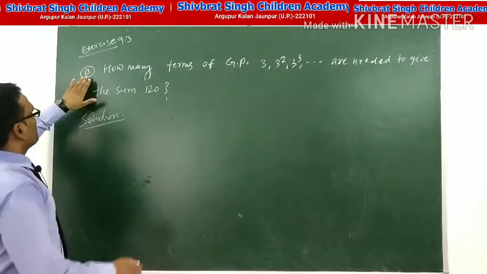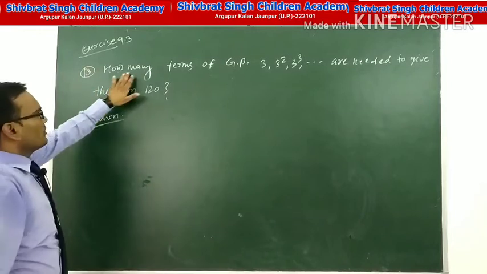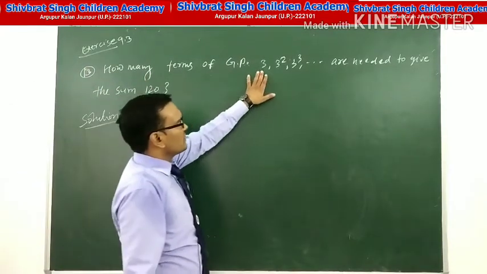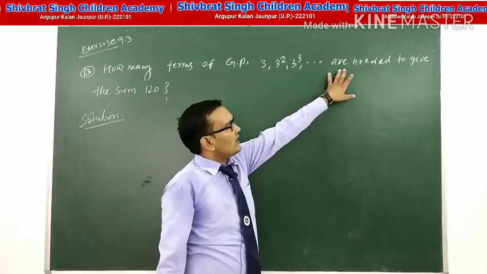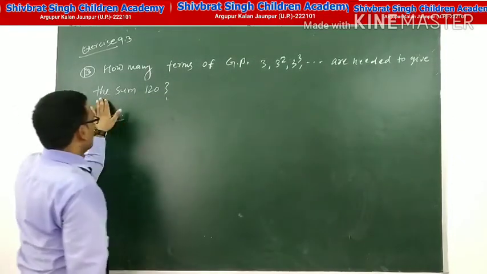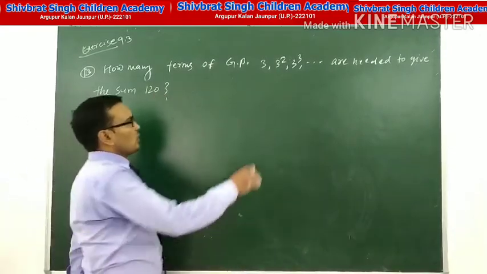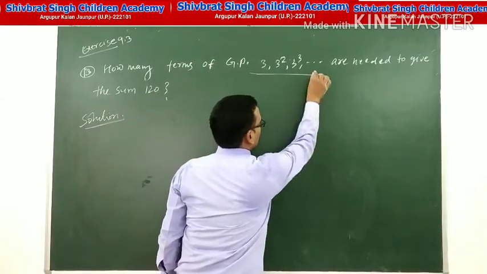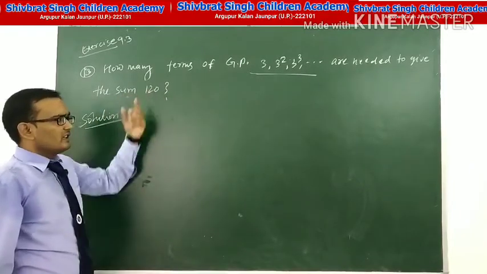Question number 13. How many terms of the GP 3, 3 square, 3 to the power 3, and so on are needed to give the sum 120? That means how many terms in this GP are needed to give the sum 120?